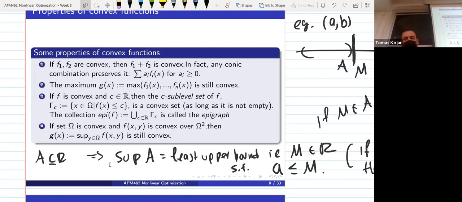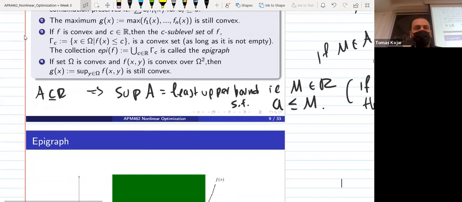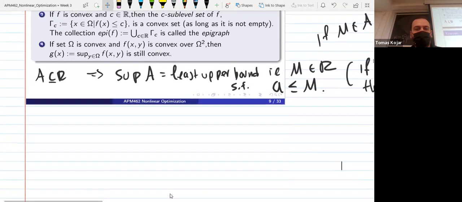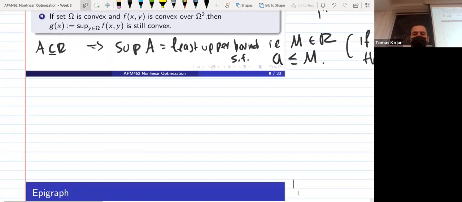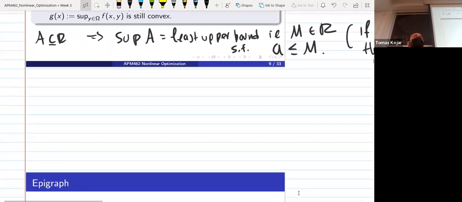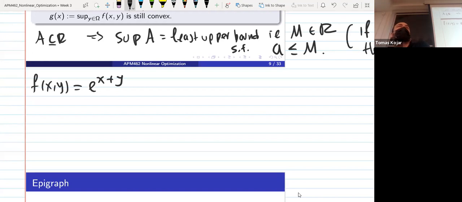Oh yeah, you're right. Let's do an example of this to make it a little bit nicer. I will come up with it on the spot. All right. I need a function that's convex in both. Take the stupidest example, e to the x plus y.